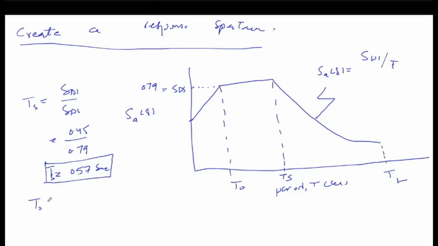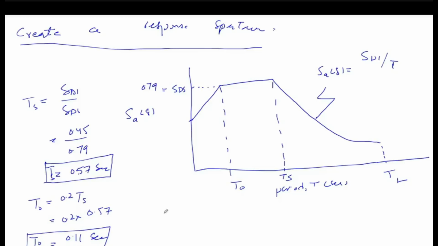And T naught is equal to 0.2 TS. So this is 0.2 times 0.57, T naught is equal to 0.11 second. So the plateau starts at 0.11 second up to 0.57 second.